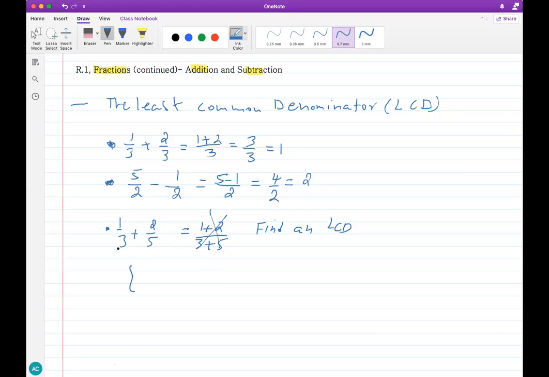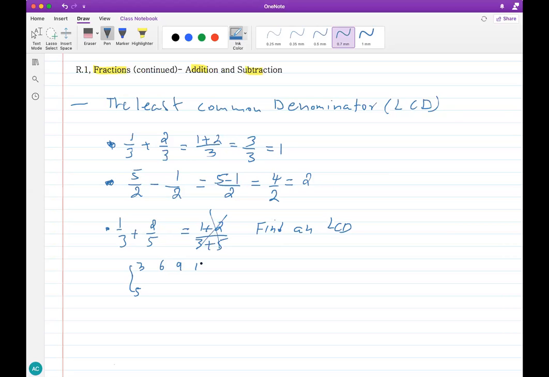So if you can't see that it is 15, it's very simple. Just take both numbers, or more if you have more fractions. Keep doing multiples of both until you find a common number, a common multiple, which also will be the common denominator. What is the first multiple of 3? 6. Then 9, that's another 3, 9.